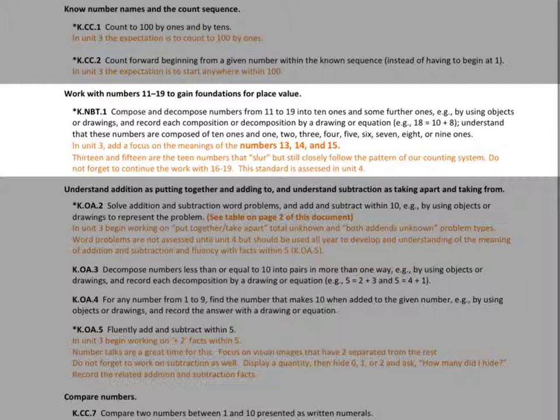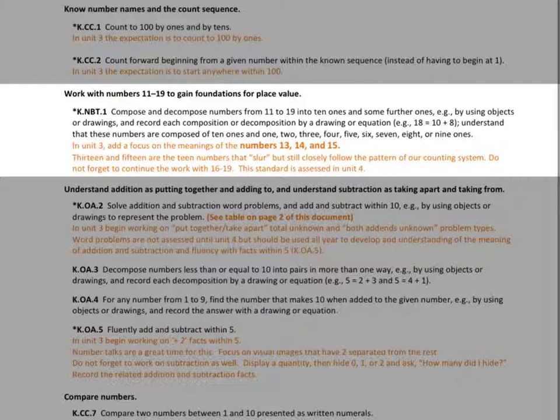Remember, another way to develop understanding of these numbers is to use them as the total in a story problem, where you're working with a group of 10 and some more are added, or you're working with a group of a teen number and some are subtracted to make a group of 10. This is really going to develop a good place value understanding.